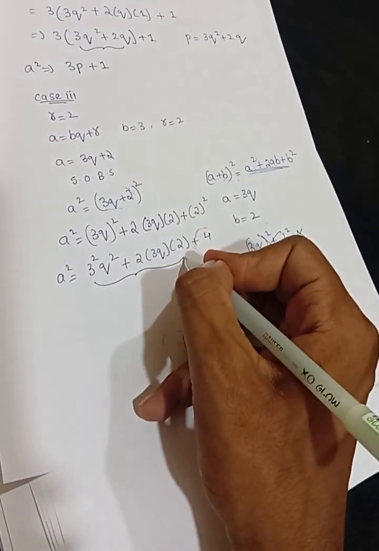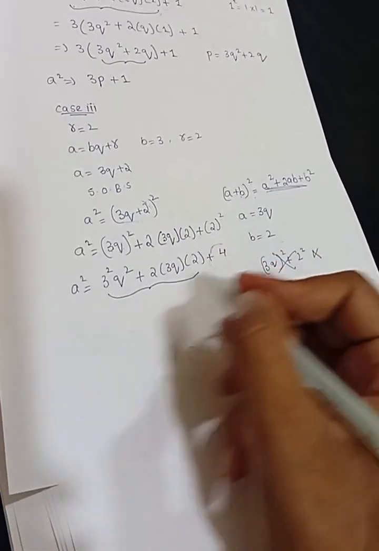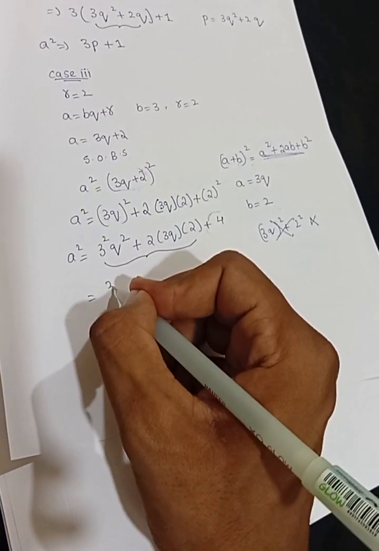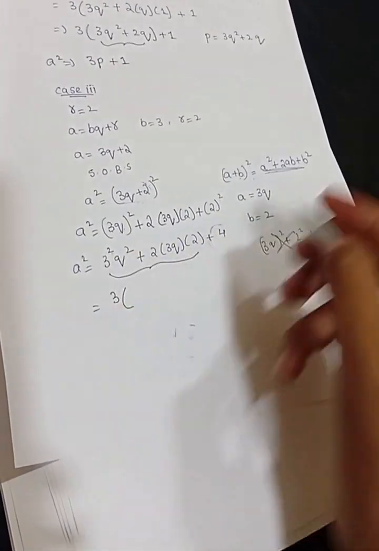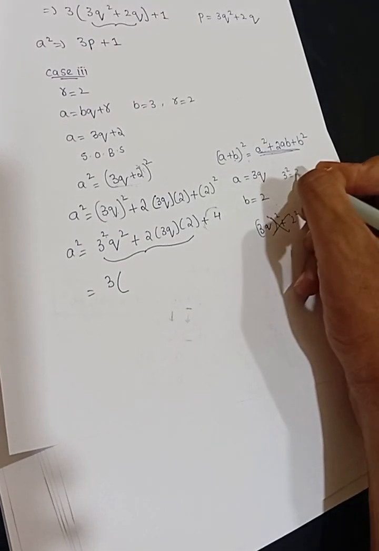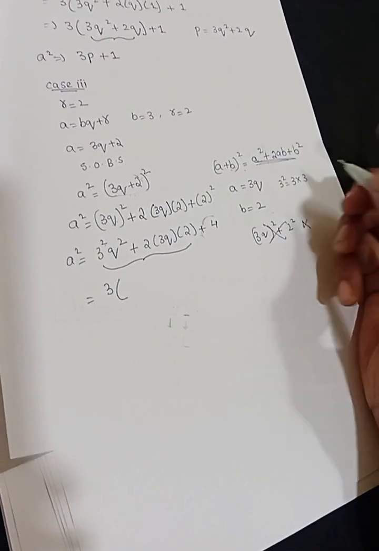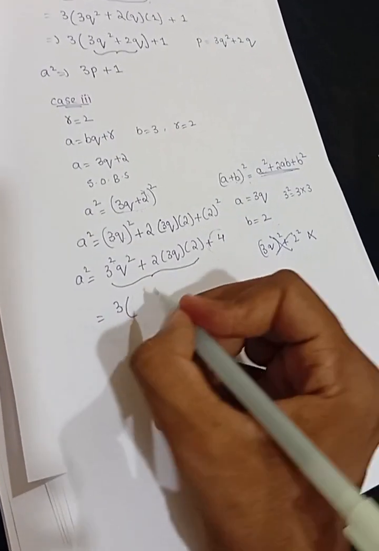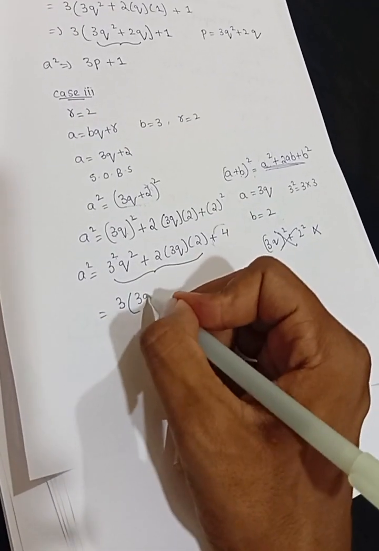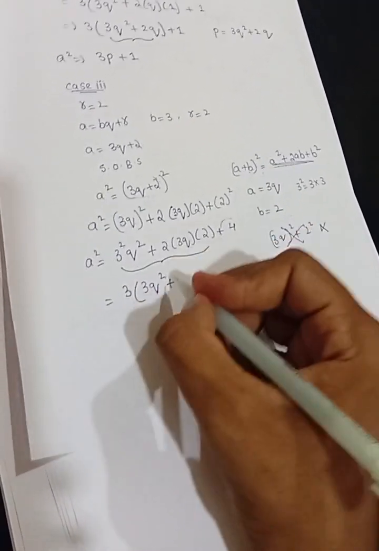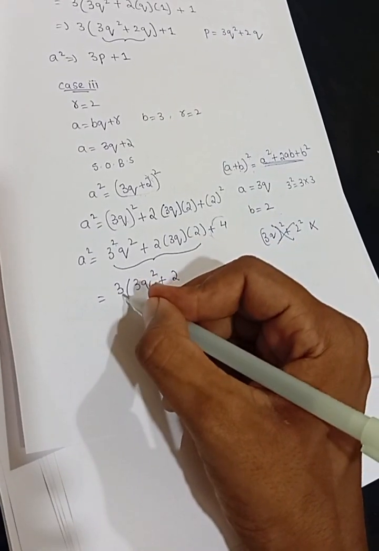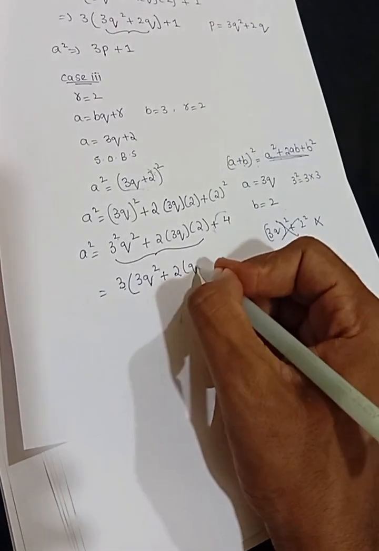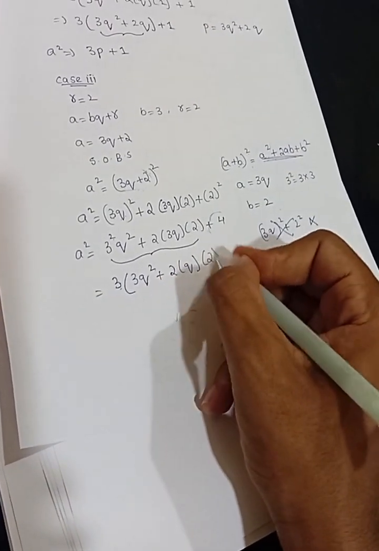Now you have to make this in the form of 3p. So I'll take 3 common. Here you are having 2 3's. 3 square means it is 3 multiplied by 3. We are having 2 3's. You are taking 1 3 common. So you're left with 1 3. Then q square is as it is. Plus is as it is. 2 is as it is. I am taking this 3 common, so I'm left with only q, only 2.